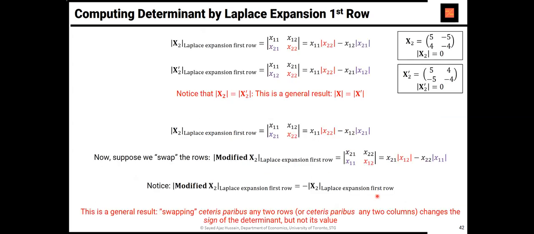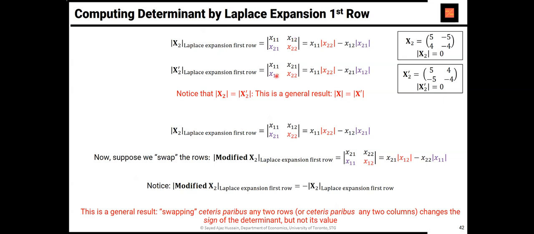So, a couple of notes. In this one, I do a Laplace expansion by the first row, right? So again, first element plus first element times the determinant of what's left over, minus the second element of the first row times the determinant of what's left over. Well, what if I did a transpose? You will notice the subscripts have changed.